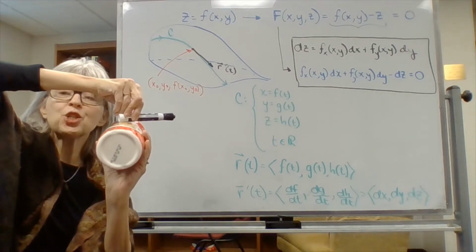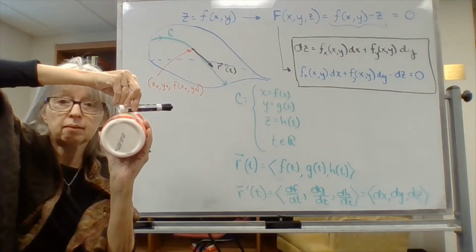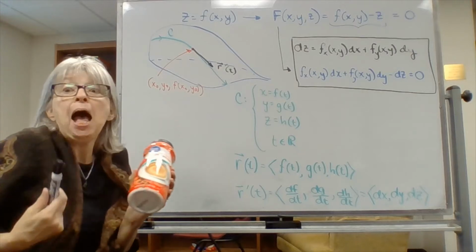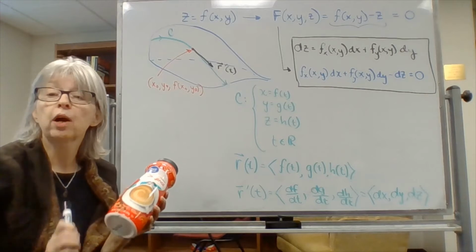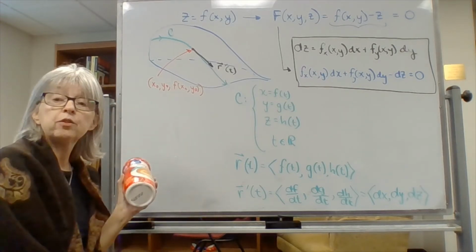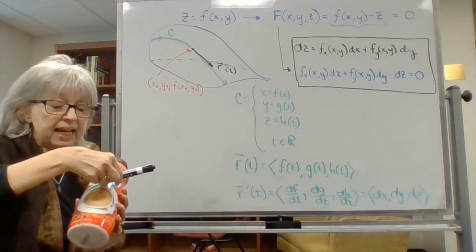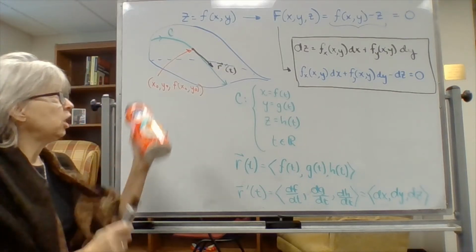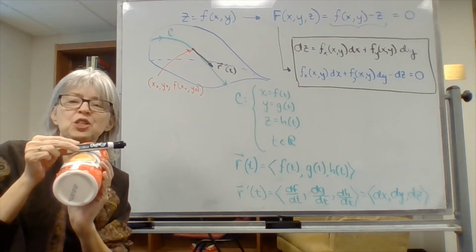Well, if I'm tangent to the curve, then I'm also tangent to the surface. So this vector valued function that I magically pulled out of a hat, by picking a point, drawing a curve, parameterizing it, finding the vector valued function from the parameterization, finding the derivative to get a tangent vector to the curve. The curve lives on the surface, so if I'm tangent to the curve, I'm tangent to the surface.